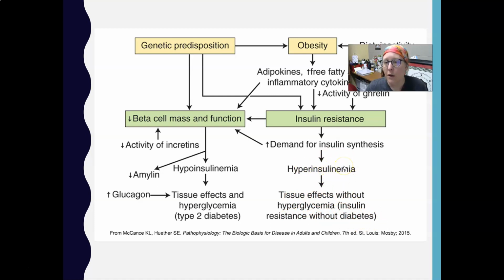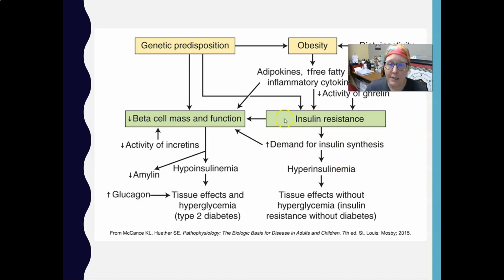Sometimes people are told that they're pre-diabetic. Usually their sugar is not high enough to be considered diabetes, but their insulin levels are up. That is a sign that they're on the pathway to becoming a person with type 2 diabetes. If they modify their lifestyle, it could reverse it.